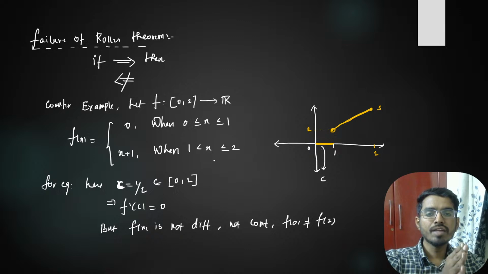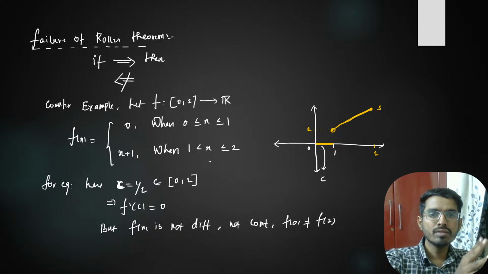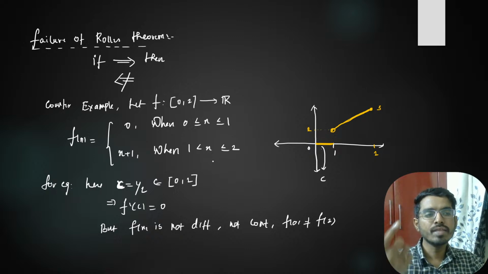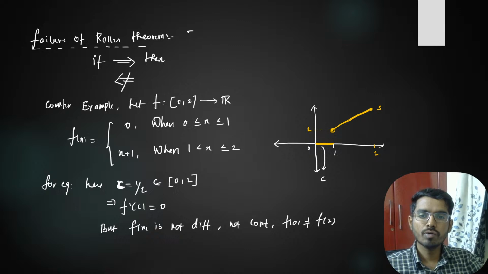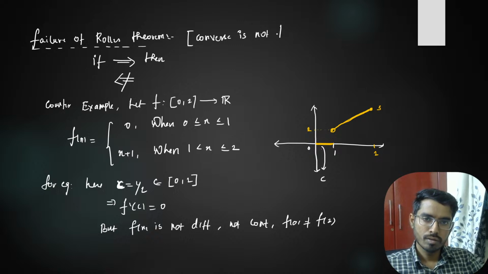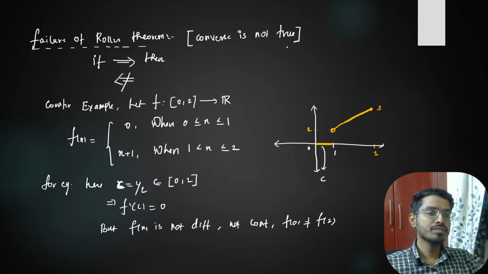If you can find a point C whose derivative is 0, then it need not be that your f is continuous, differentiable, and f of a and f of b are equal. Converse is not true, right?